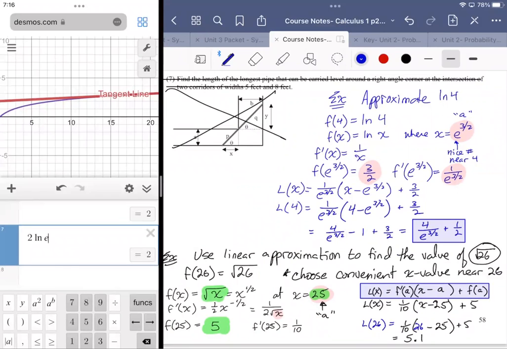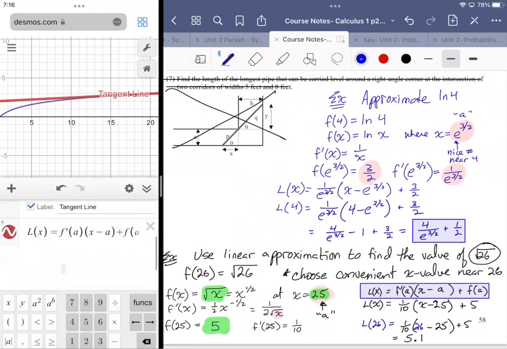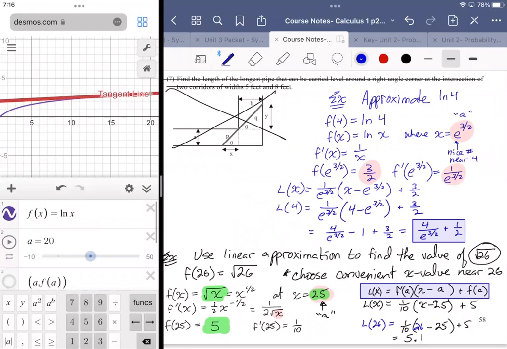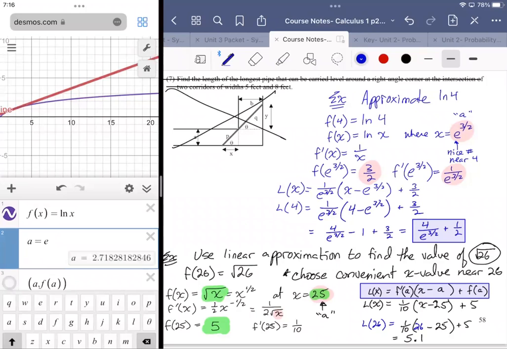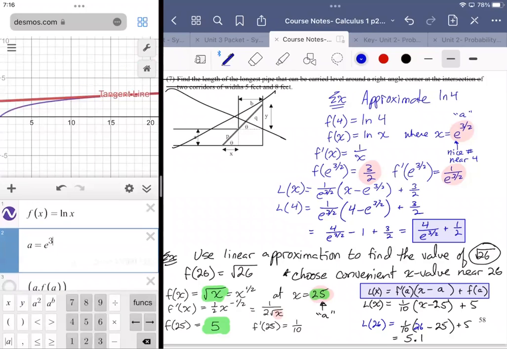But we can verify using Desmos. All right, so we take a look. We have natural log. We chose as our convenient value e to the 3/2, so I'd put that in as my a value, e raised to the 3/2.